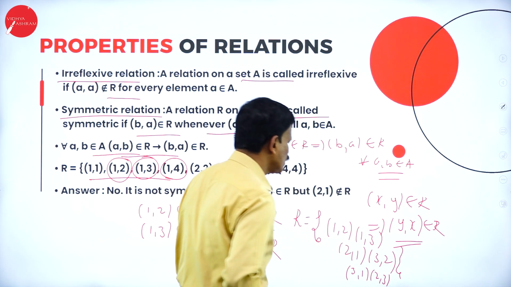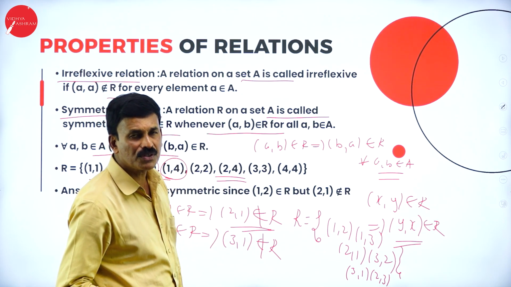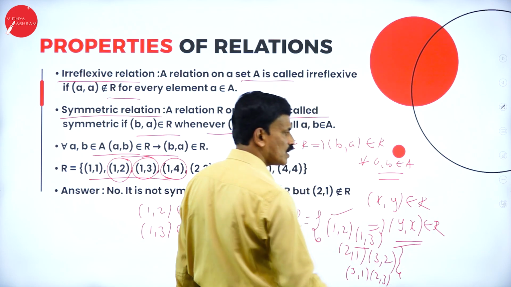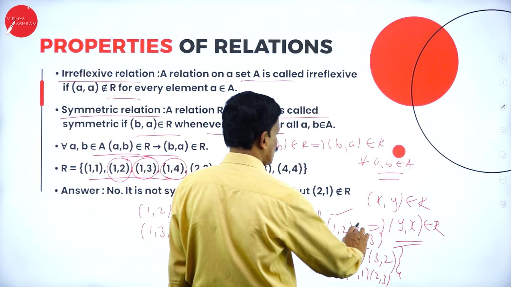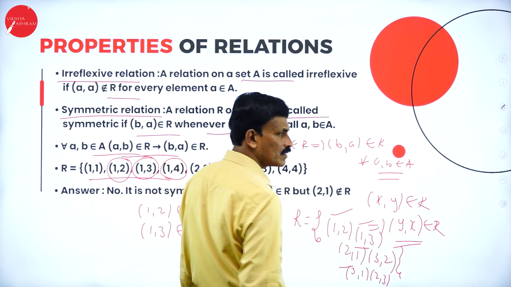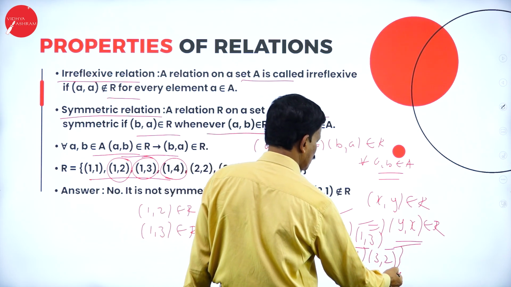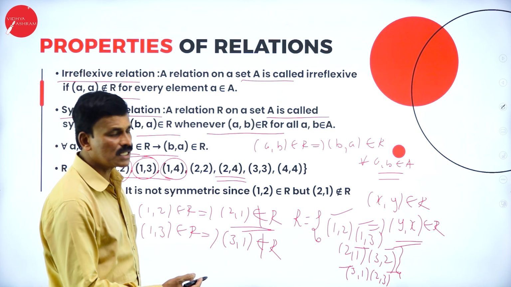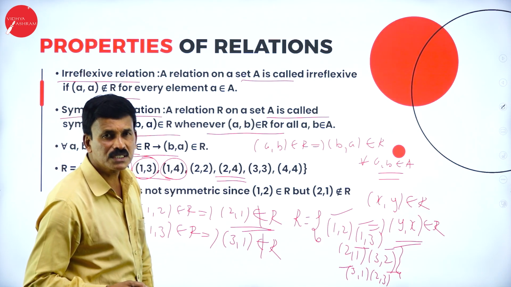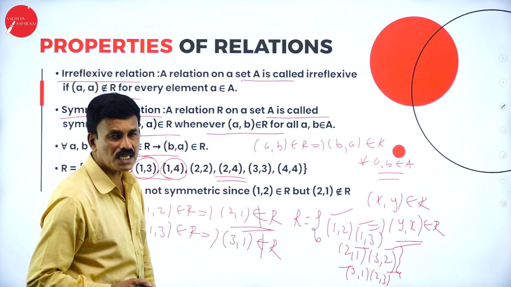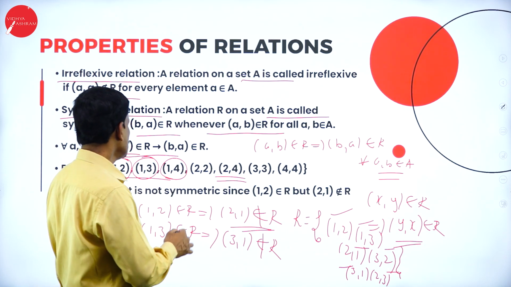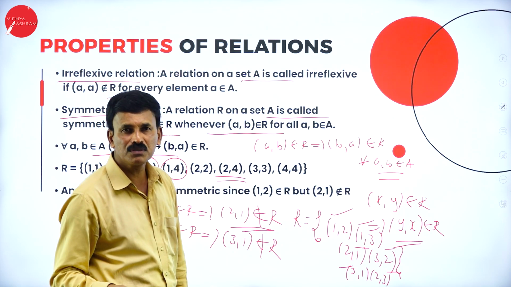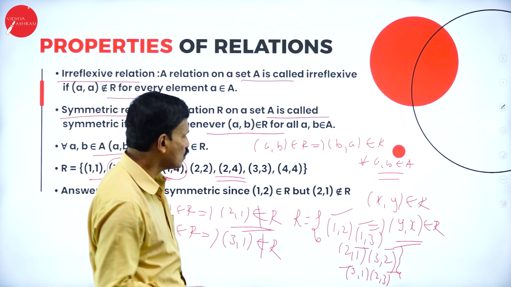If you observe carefully, this is an example of a symmetric relation, since (1, 2) belongs to R implies (2, 1) also belongs to R, (1, 3) belongs to R and (3, 1) also belongs to R, and (3, 2) belongs to R implies (2, 3) also belongs to R. So if the relation is like this, then we call it a symmetric relation. Here the condition is (a, b) belongs to R implies (b, a) also belongs to R.